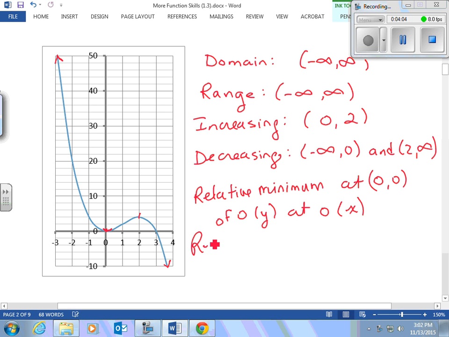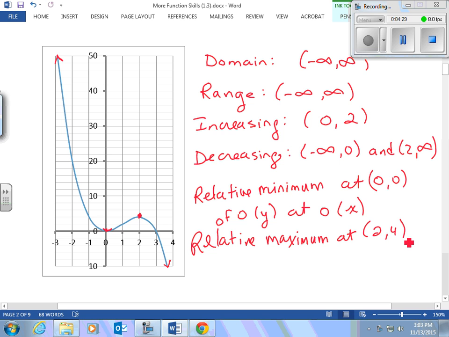So we do have a relative maximum as well. Okay, and there's a maximum over here, and this is the point 2, 4. So the maximum occurs at the point 2, 4.